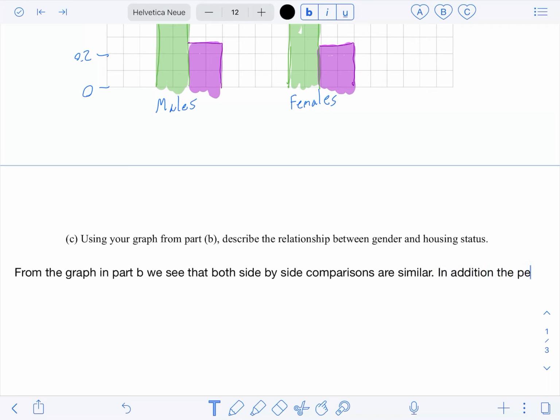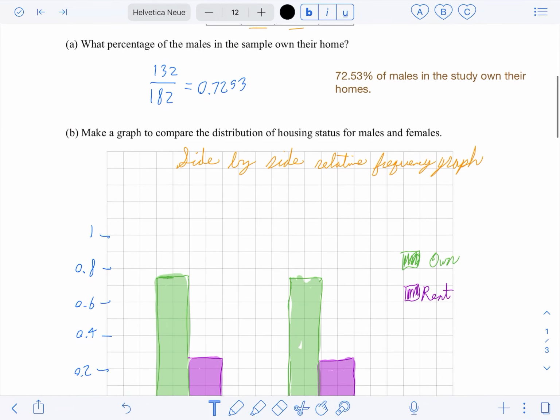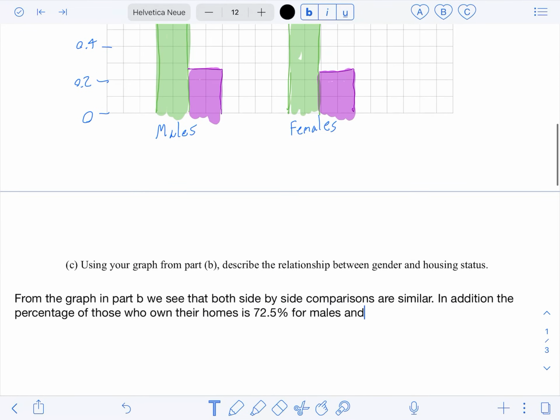In addition, the percentage of those who own their homes is 72.5% for males, and just to make sure, yeah, and 73.5% for females.